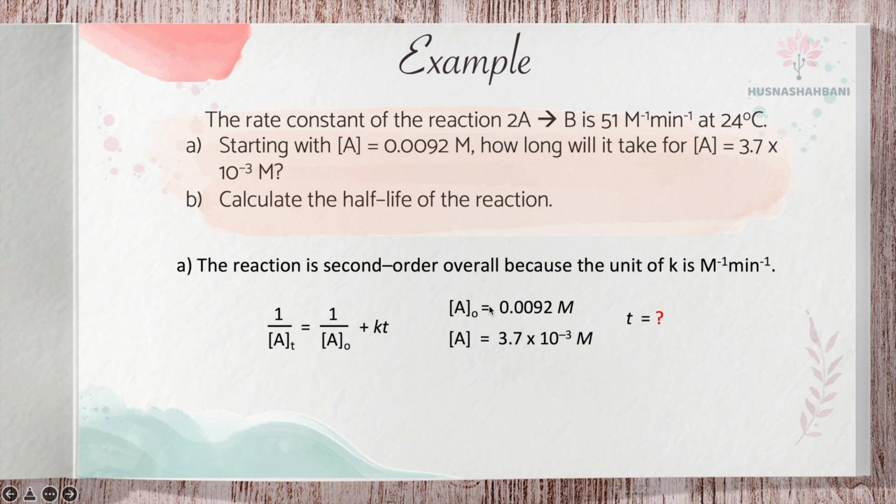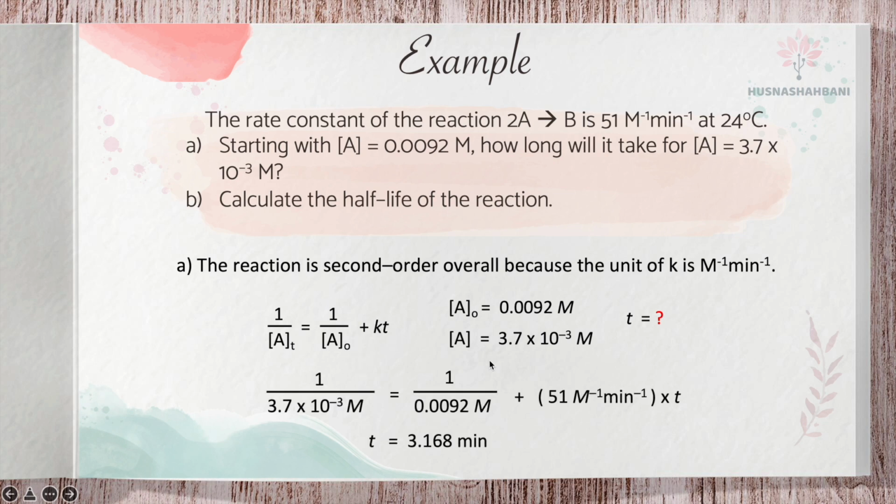Substitute these two values into the second order integrated rate law, and because we have K as well, we can get t equal to 3.168 minutes. The t unit must be in minutes because it follows the K unit, per molar per minute.